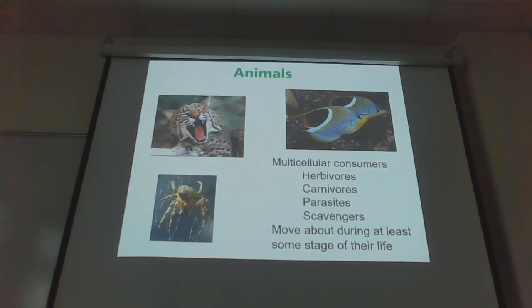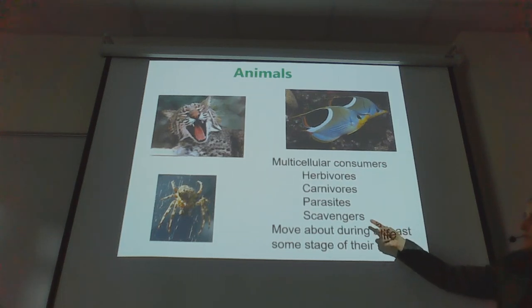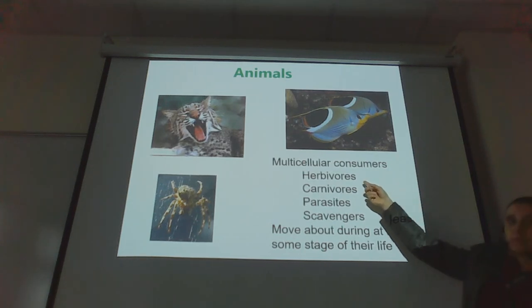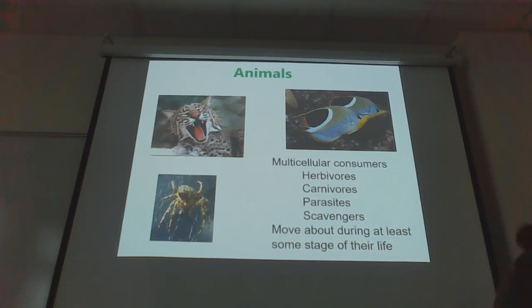But depending on what we feed on, and also our mode of how we live our life, as animals, we can be herbivores. So who are the herbivores? The animals that feed directly on plants, not on other animals. Then there are the carnivores that feed on other animals. There are also the omnivores, that can feed on both, like us.